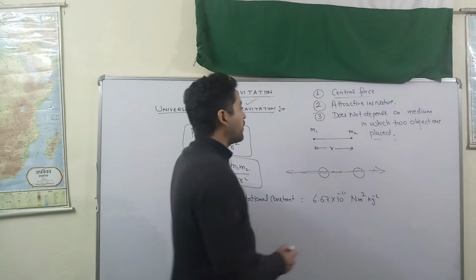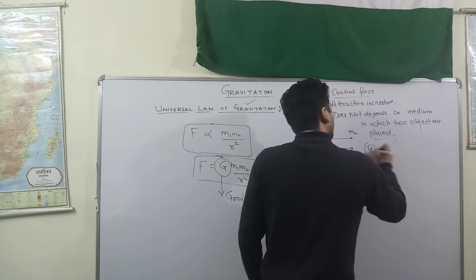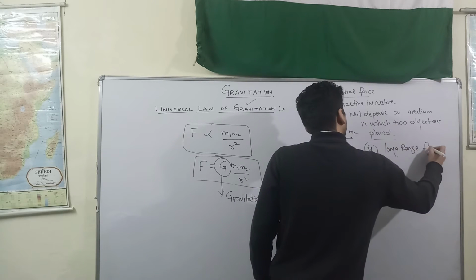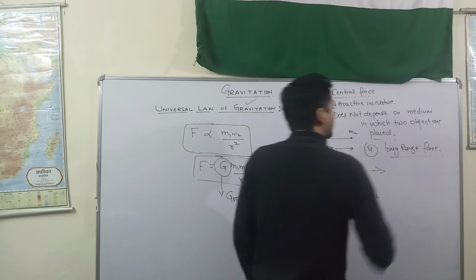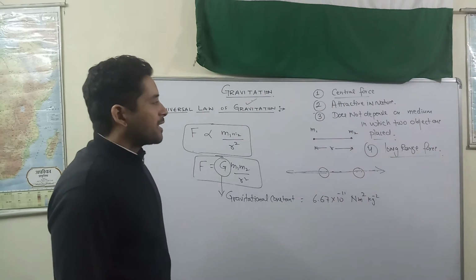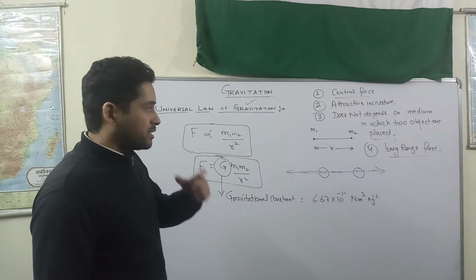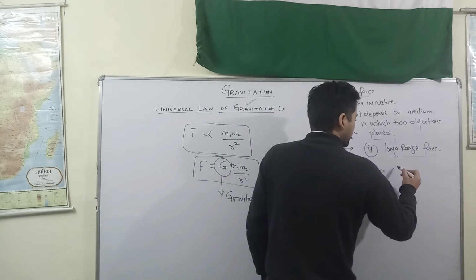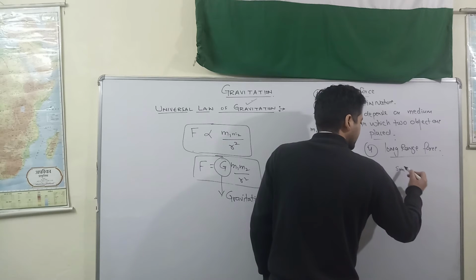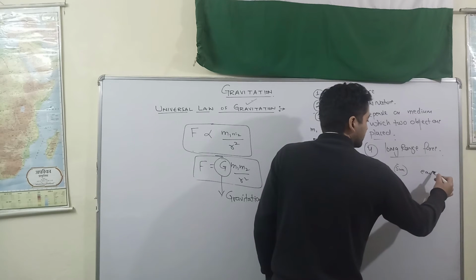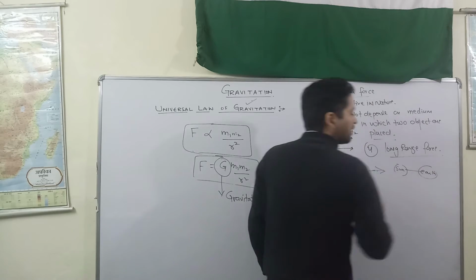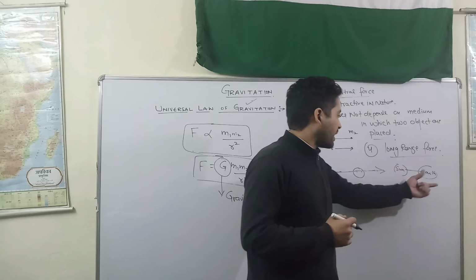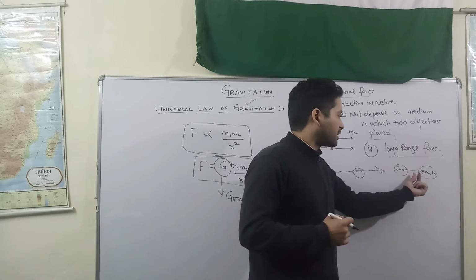The fourth point is that it is a long range force. What does it mean? Long range force means the range is very long. For example, the force between the sun and the earth, the distance between the sun and earth is very long, so we say this force acts over a long range.